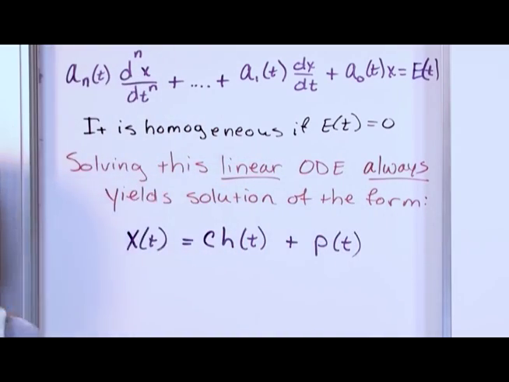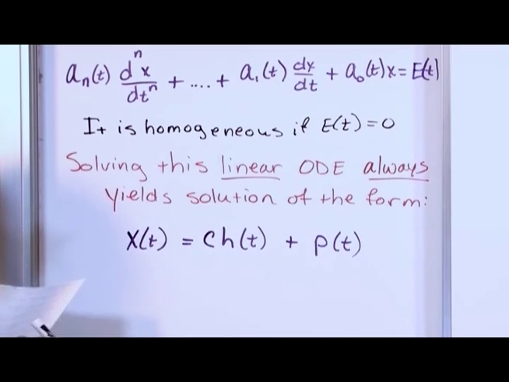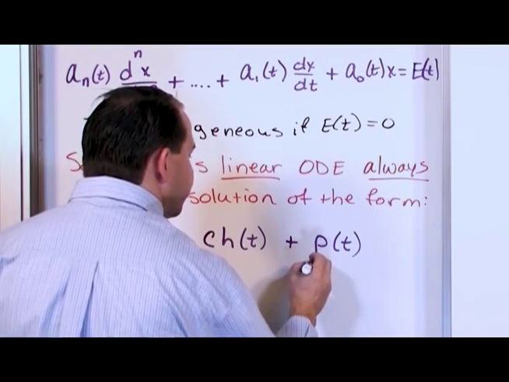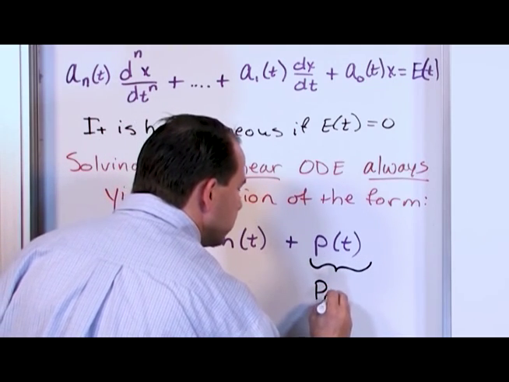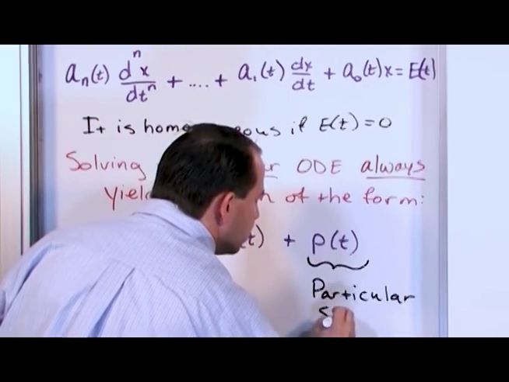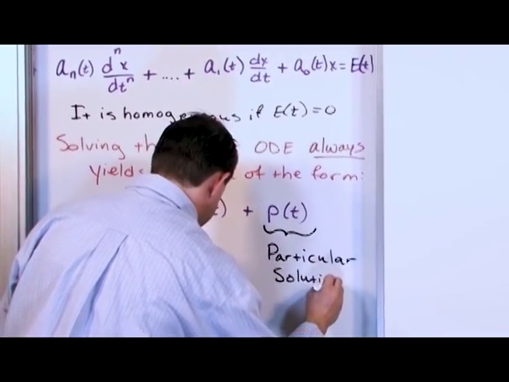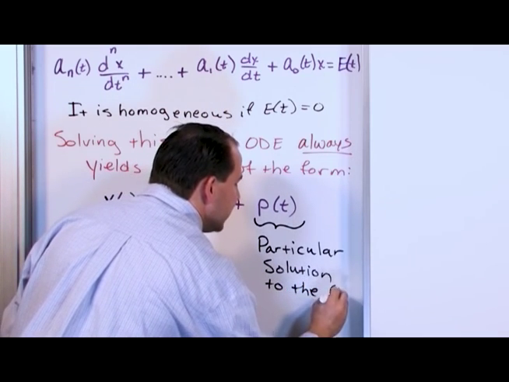All right, now let me write all this stuff down. There's a few things I really want to get on the board before we start really picking it apart because there's a lot of stuff here. All right, so what is p of t? This is what we call a particular solution to the, I'm going to put n in parentheses.